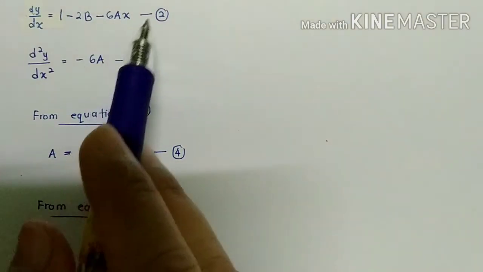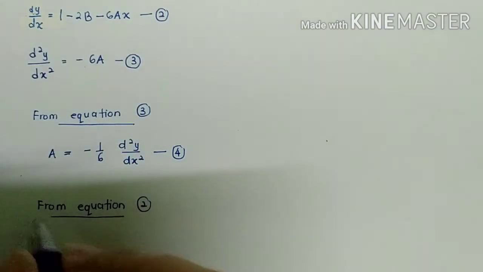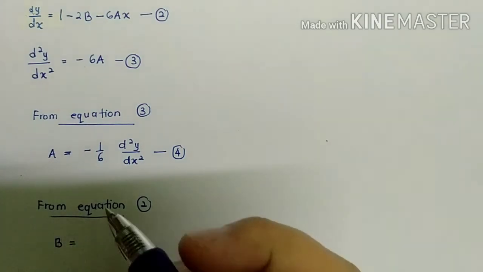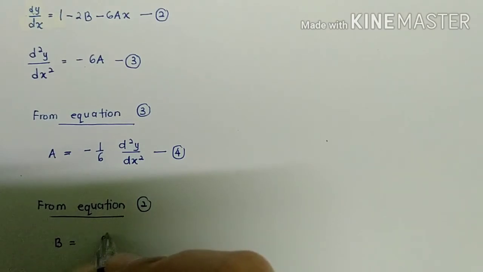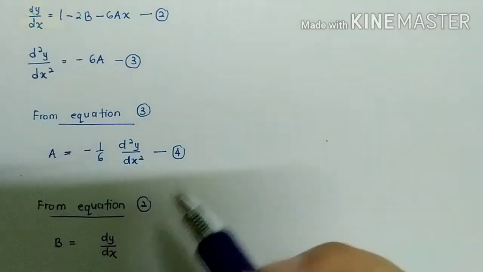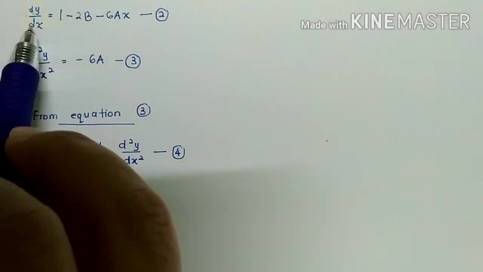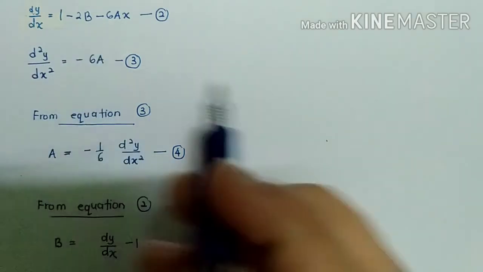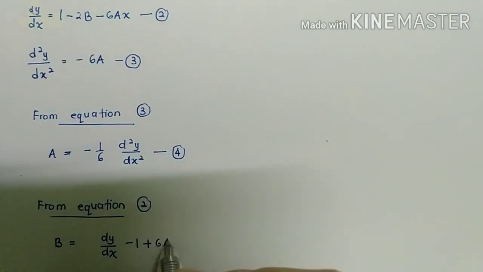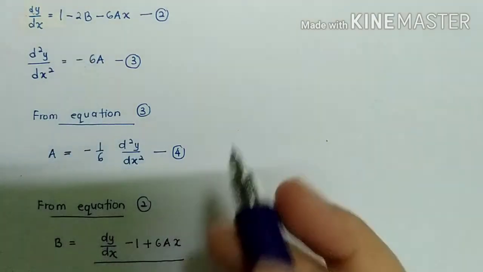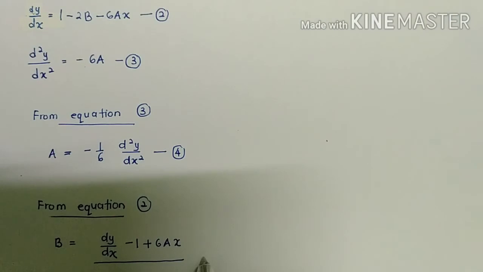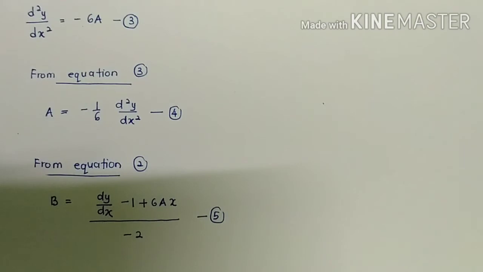So b from equation 2 is equal to dy dx minus 1 plus 6ax, and then divided by negative 2. So this is equation 5.